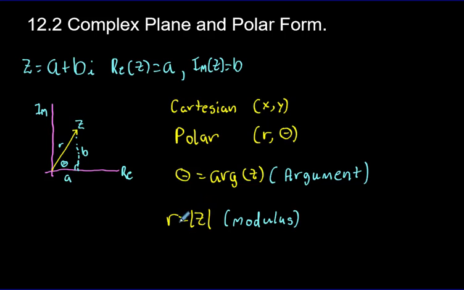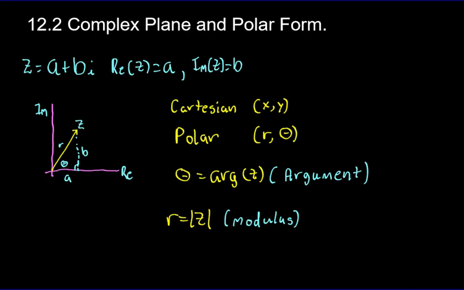And r is our magnitude, which we call our modulus. So when we use this notation, we know the length of our vector, and we know the angle that we have to go. We're going to use this to be able to plot complex numbers in the polar axis.